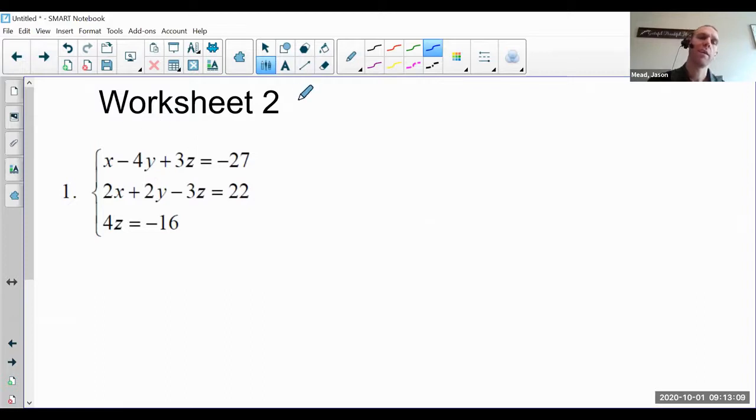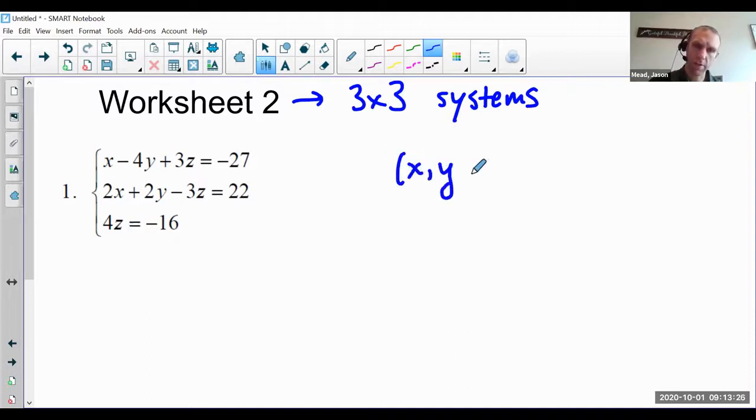Okay, then the last thing that we're going to go over today are 3x3 systems. So those are systems that have 3 variables. Basically, our answer is going to be a point in 3 dimensions.